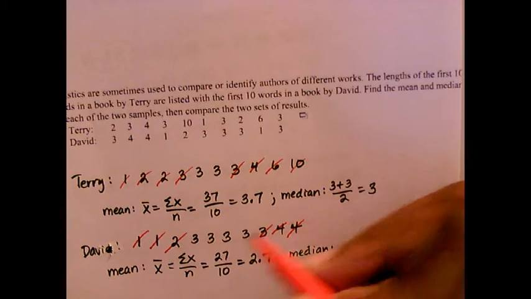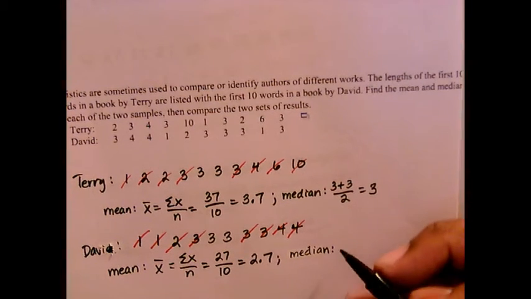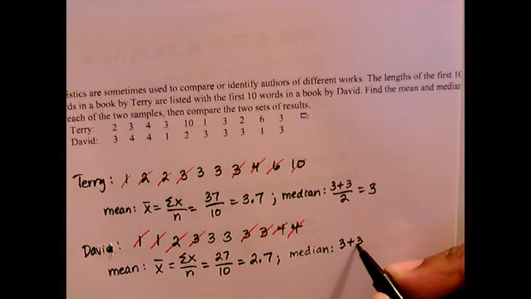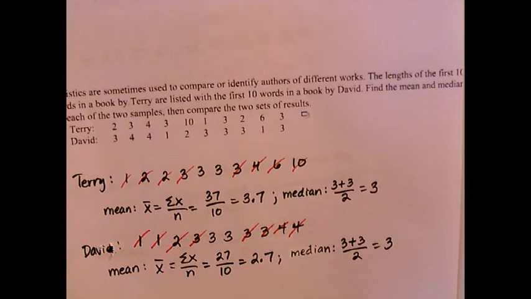We have an even set of data. Notice that the two middle numbers are 3, so if I take the average of those two middle numbers, that's also going to be 3. So the mean is going to be 2.7 for David, and his median would be 3.